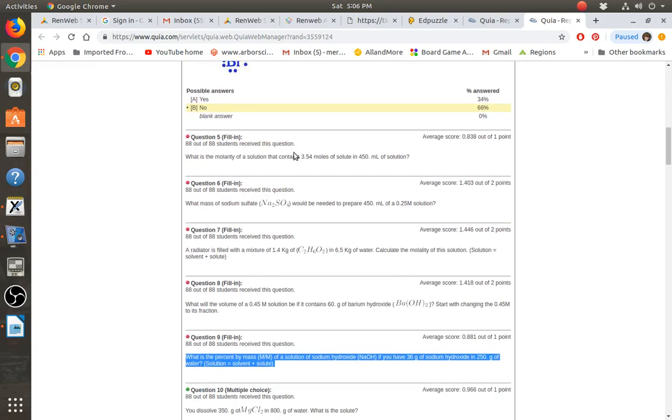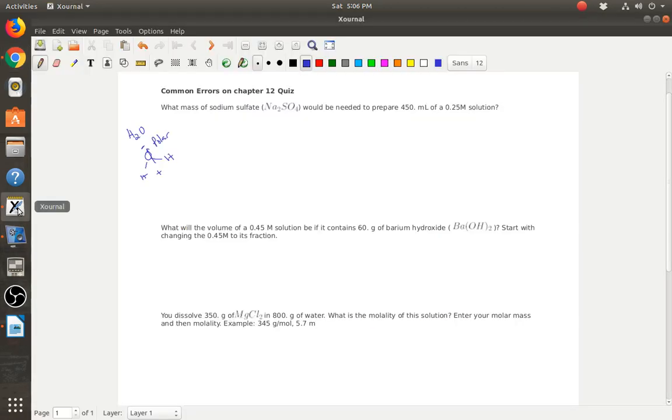Question number 5, about 84% got it right. What is the molarity of a solution that contains 3.54 moles in 450 milliliters? All right, so molarity, remember, molarity, capital M, is moles of solute over liters of solution. Moles of solute, okay?